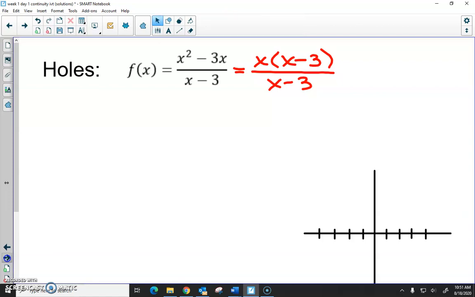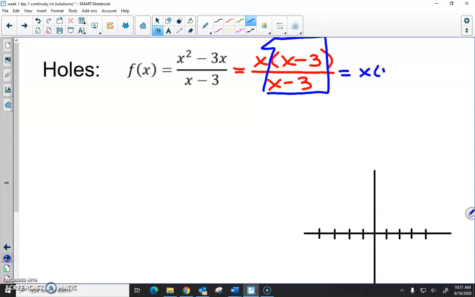If I think about trying to reduce this, x minus 3 over x minus 3 really has a value of 1. And so what I have here is really x times 1, which just gives me x.